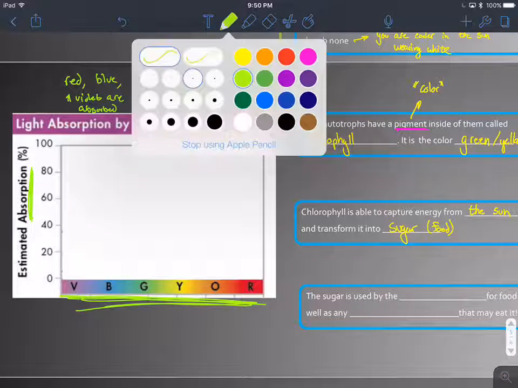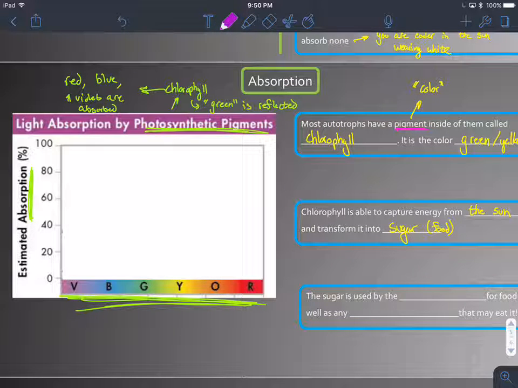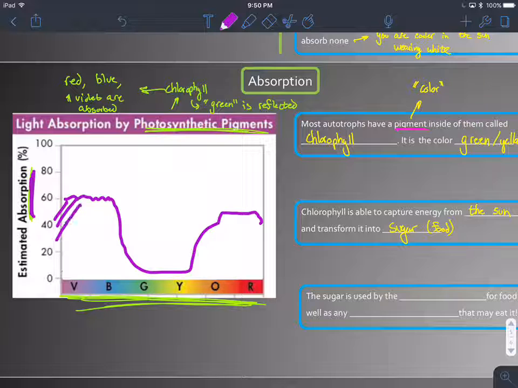So if we were to look at a graph of this, we would see the estimated absorption. It would absorb this violet, it would absorb this blue, but it's not going to absorb any of this green or yellow. Then it's going to absorb some of that orange, and some of that red as well.